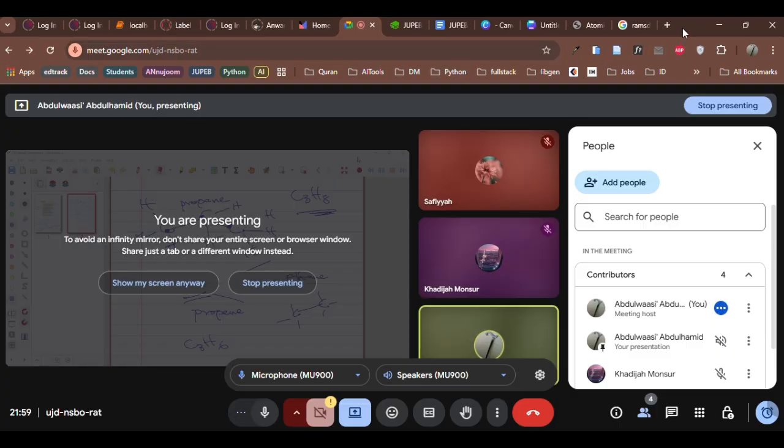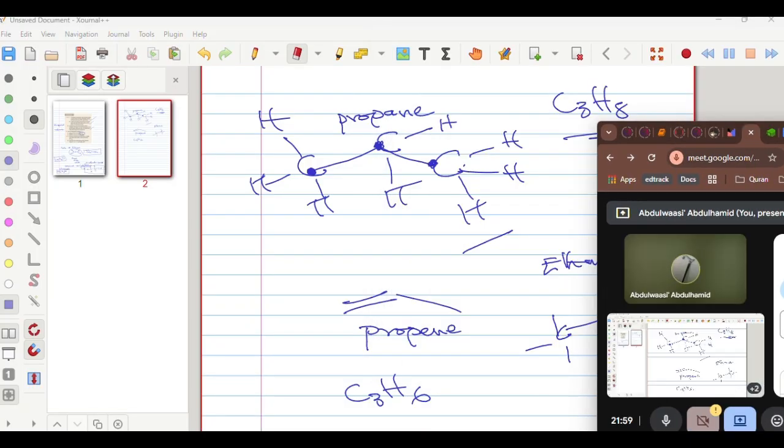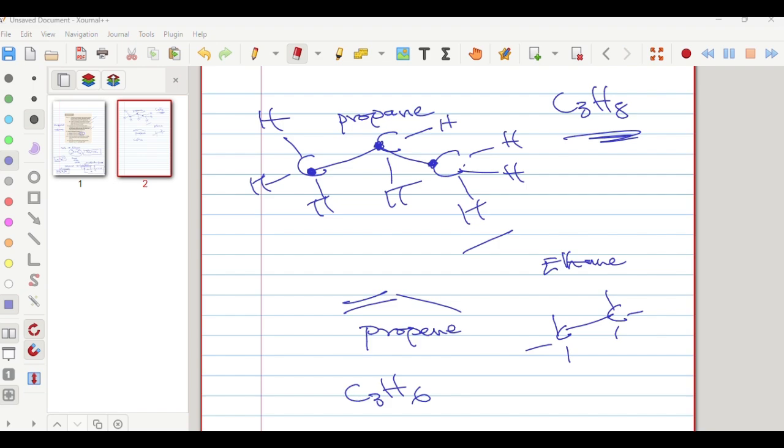Give me one moment, please. Let me take away this. So in the JUPEB syllabus, they started with hybridization. But I don't know if we can jump there. Okay, let me just discuss functional groups first. Let me see if it makes sense.